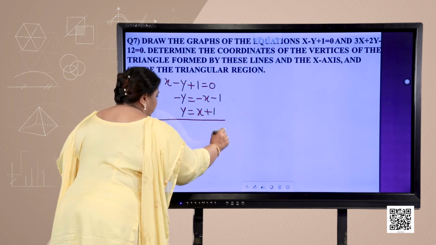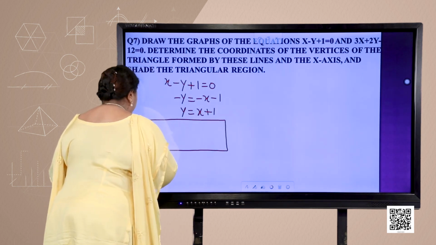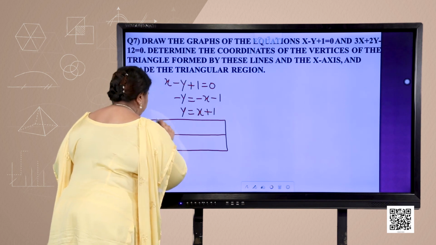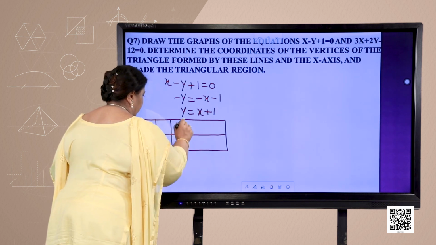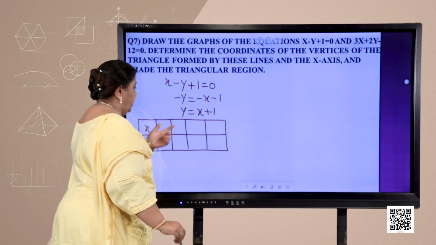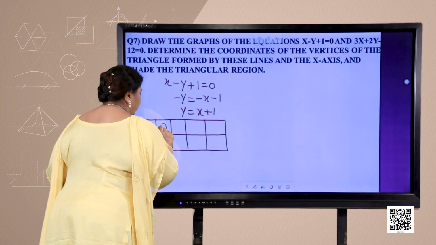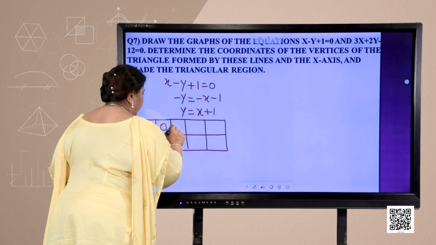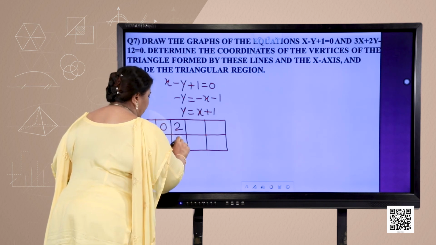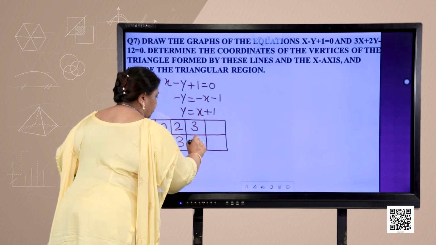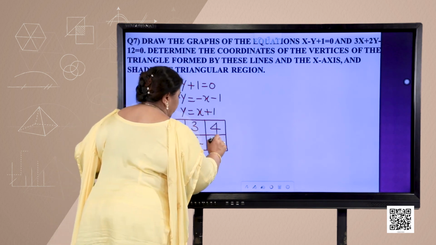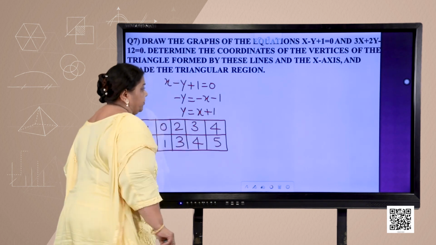Let us have a tabular column. Now, if I take x is equal to 0, y is equal to 1. If I take x is equal to 2, I get point as 3, and if I take 3, it is 4, and if it is 4, it becomes 4 plus 1, 5.